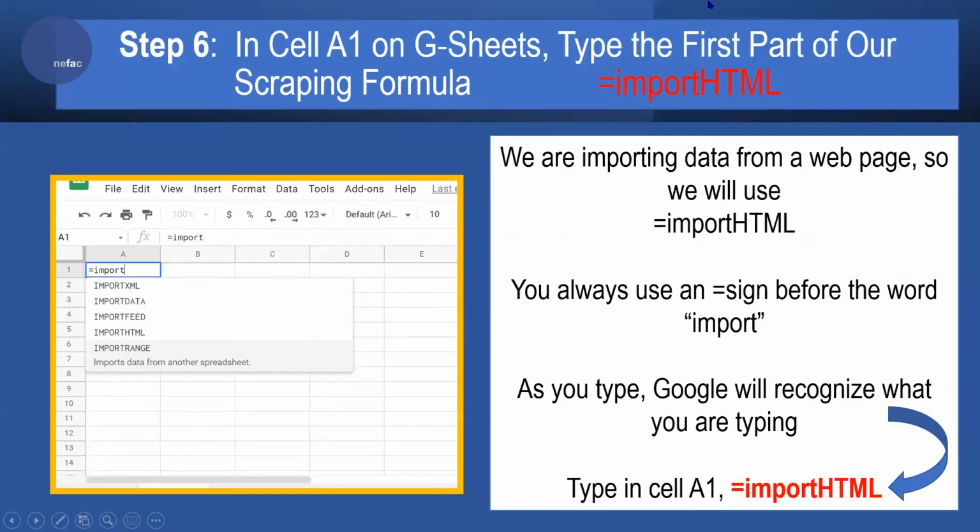And now we're going to start to write our formula. In cell A1, we're going to scrape an HTML. We're scraping HTML code from a web page.